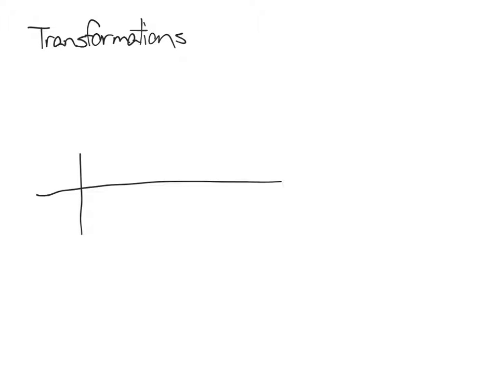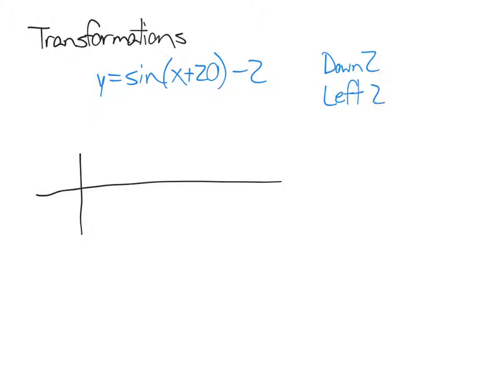Alright, so let's say that we've got y equals sine of (x plus 20 degrees) minus 2. Okay? So what are the transformations in this case? It would be down 2 and it would be left 20 degrees.